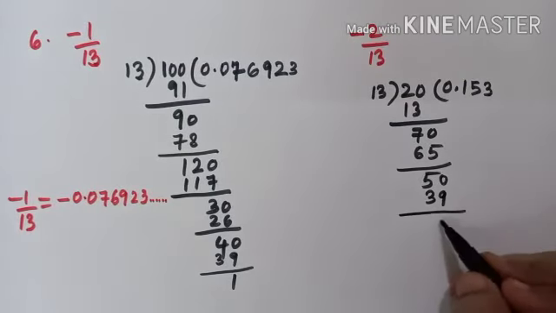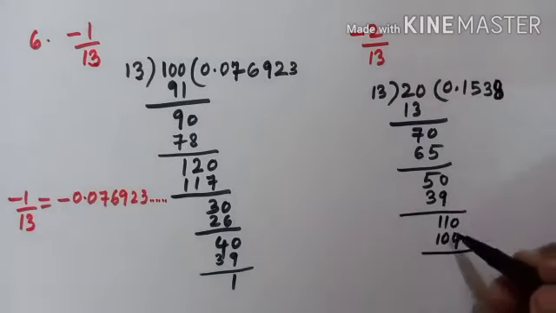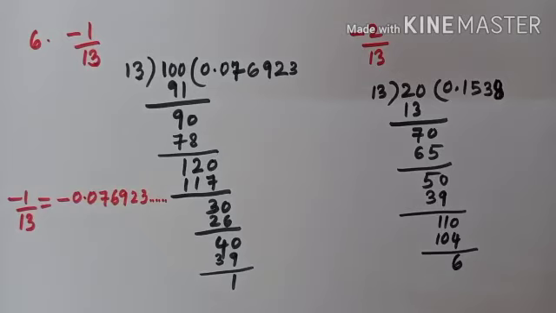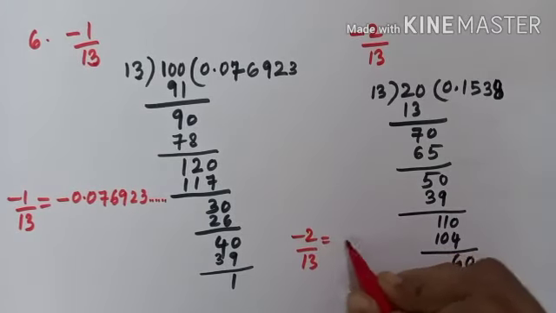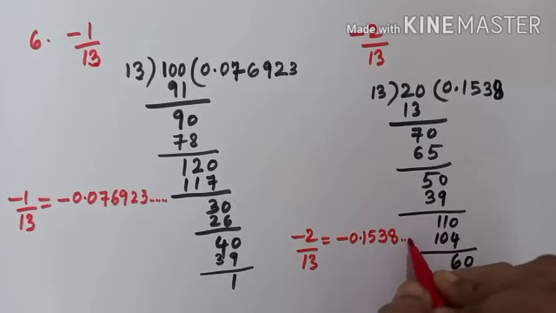Then 50 minus 39 will be 11. Then 1 more 0. Then 13 8s is 104. Then 110 minus 104 is 6. Then it is just going on. Okay, again 1 more 0 you have to take. So let us just stop here. Minus 2 by 13 will give you minus 0.1538 and so on.